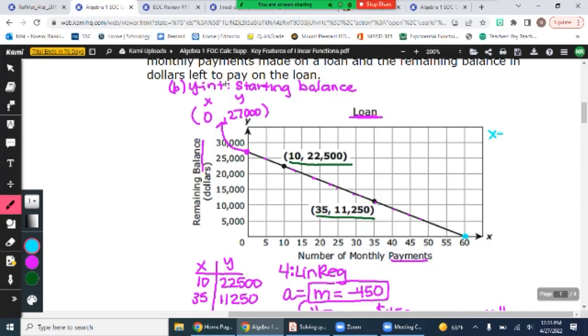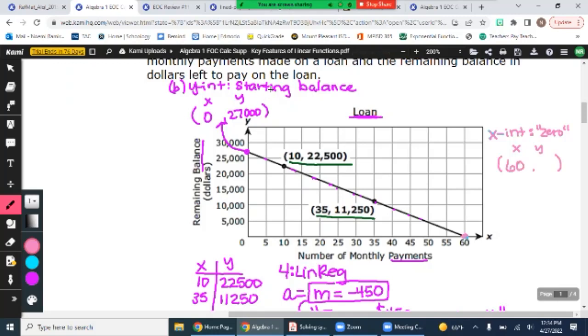Number of monthly payments. The 0. It would be asking me for the 0. Good. If it asks for the x-intercept, it might give it to me in the form of the word 0. What is the 0 of the function? Now, if it does ask me for that x-intercept, what is the 0? What is the ordered pair? Give me my x and my y value.